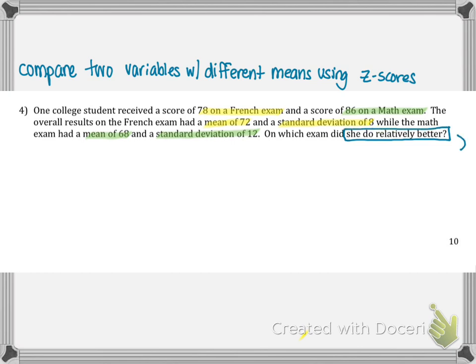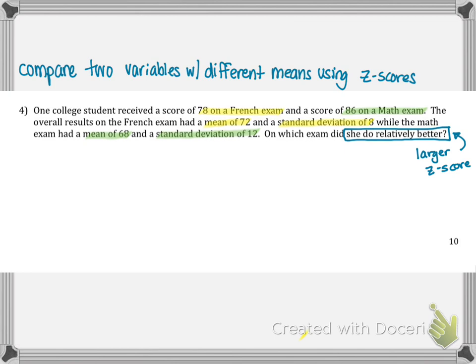So when we want to think of something that's relatively better, then what we are looking for is the larger z-score. Because this student took two exams and they have two different averages and two different standard deviations, we cannot just compare the scores to one another.